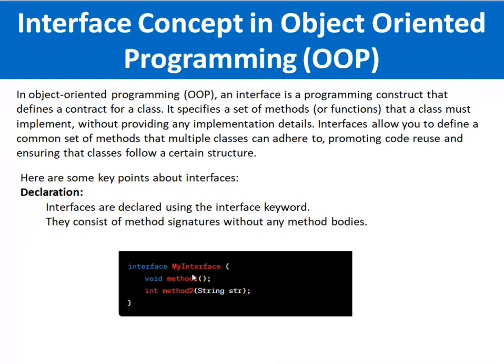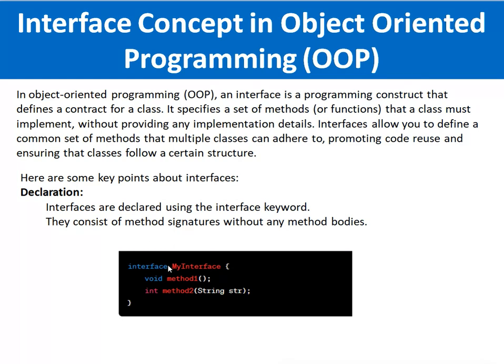Here remember one thing, that the methods which are defined here only consist of method signatures. They don't have any body. Here you can notice that void method1 doesn't have any body, like any open bracket, close bracket, any code. Similarly, int method2 has no implementation.